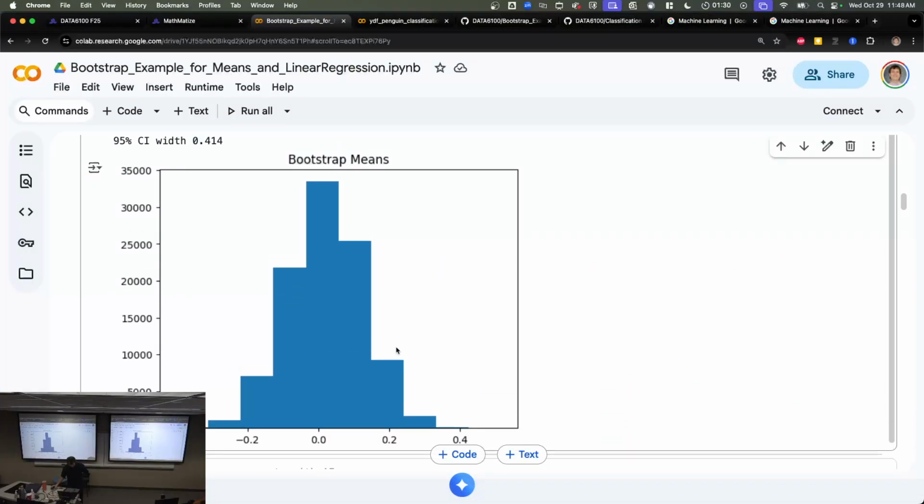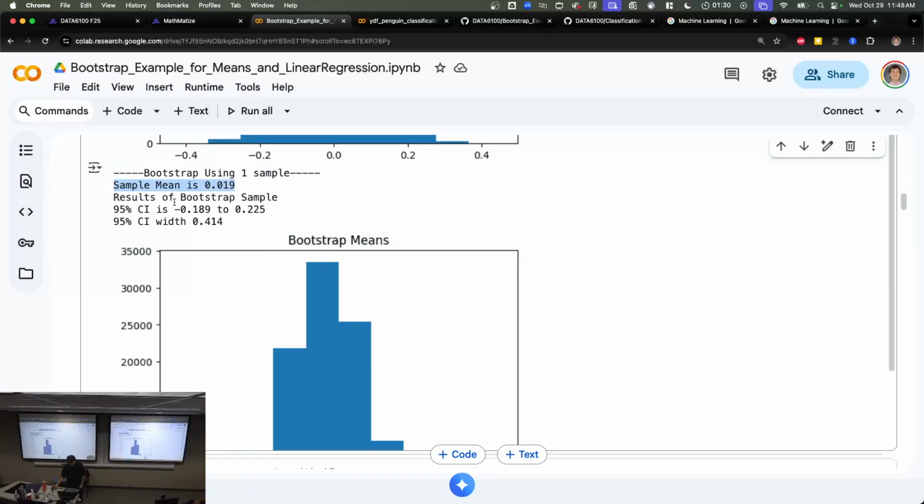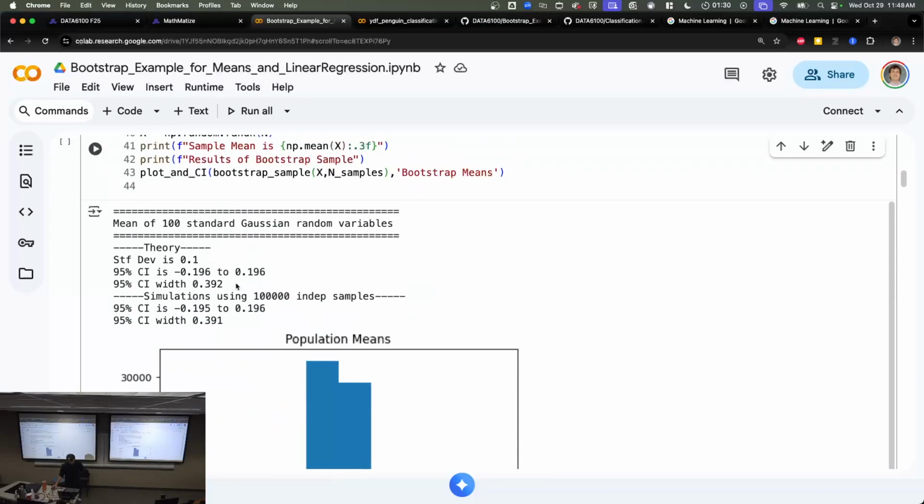And when you do that, you get this kind of plot. In the bootstrap samples, sometimes the mean is a little bit higher, sometimes a little bit lower. And in this situation, 95% of the time, it was between negative 0.189 and 0.225. You'll notice this is a little bit larger than the true thing, right? The true thing was symmetric, minus 0.196 to 0.196.